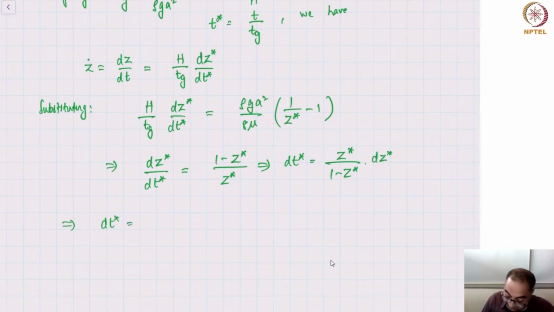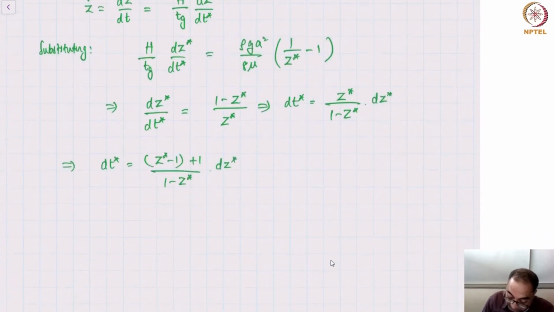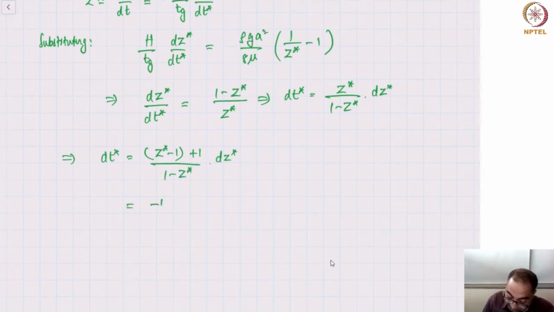Okay, I can rewrite this as the numerator that is there here can be written as z star minus 1 plus 1 by 1 minus z star dz star, which is nothing but minus 1 plus 1 by 1 minus z star of dz star.